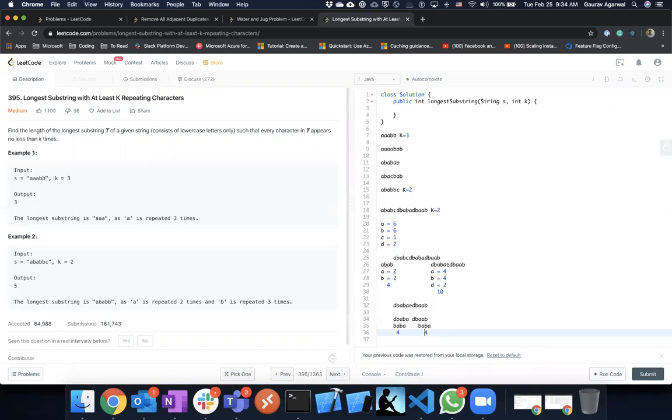So any questions? What would be the complexity? We are iterating the string again and again, over substrings. What should be the complexity? Anyone?